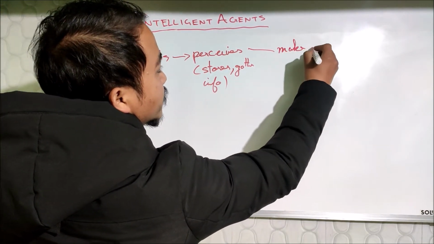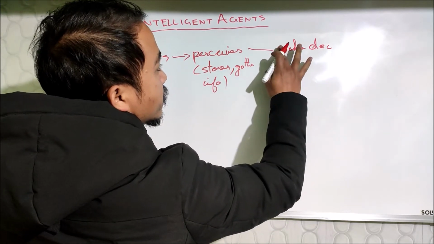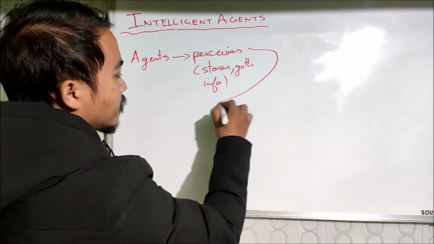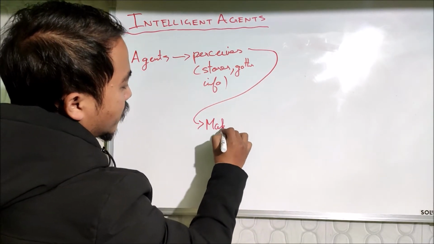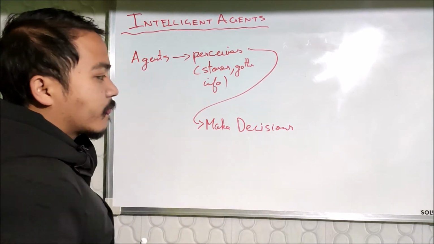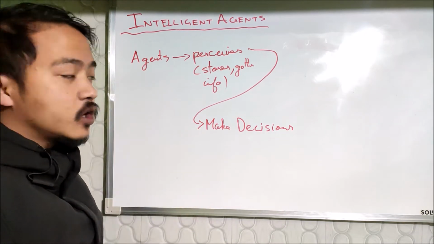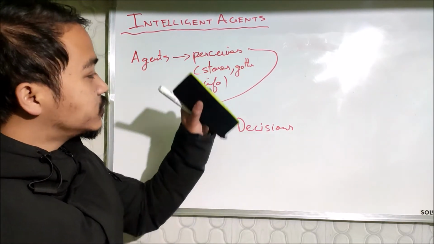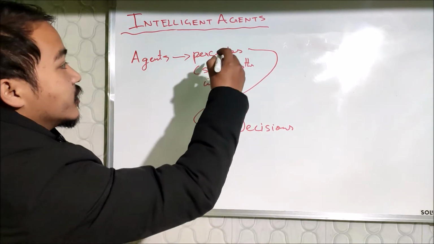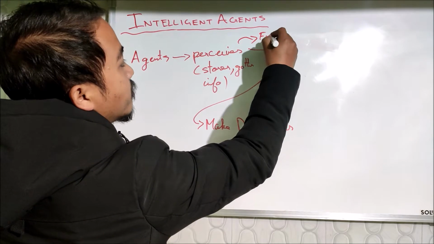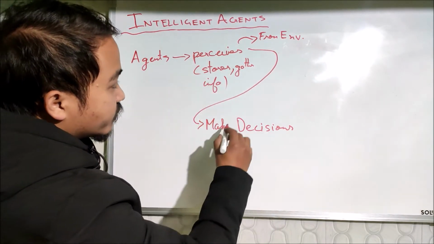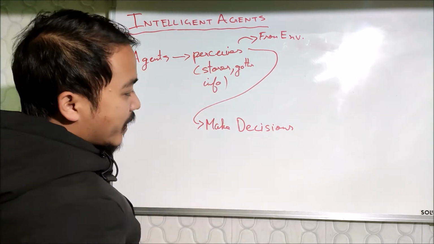It makes decisions. The agent perceives or gathers information from the environment, and after it receives information, it makes decisions.